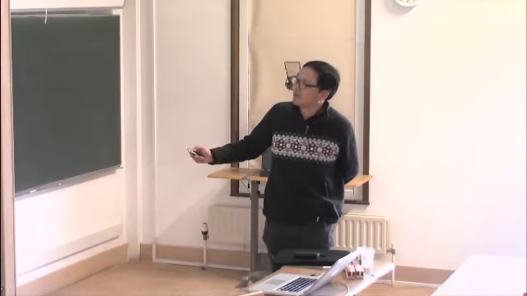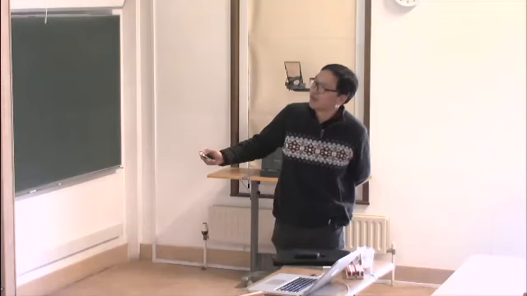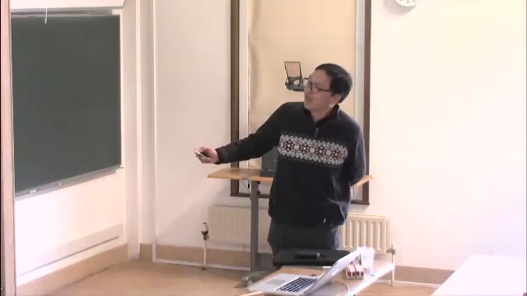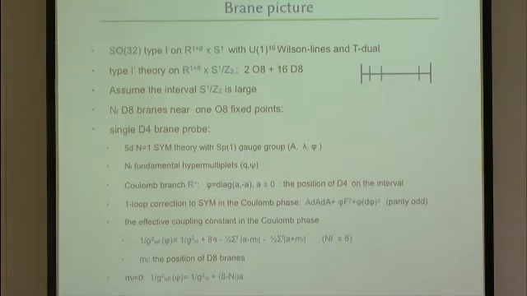So one gets an effective coupling constant given in terms of the classical value, and 8A comes from vector multiplet contributions, and then minus the contribution coming from these hypermultiplets.